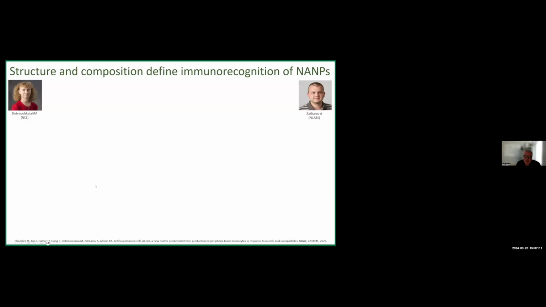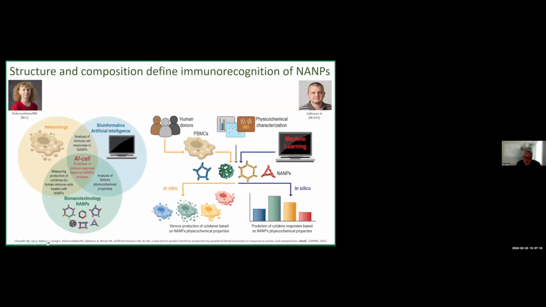So we started this collaboration with Alex Zakharov and Marina Dobrovolskaia several years ago. And in the course of the past 5 years, we developed an unprecedented computational tool that we call AI-cell, like artificial intelligence cells, but it also stands for artificial immune cell.